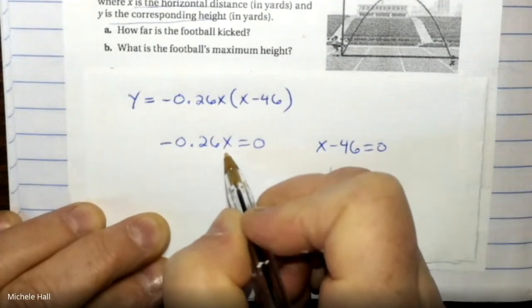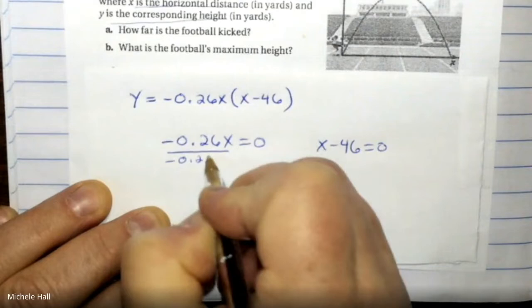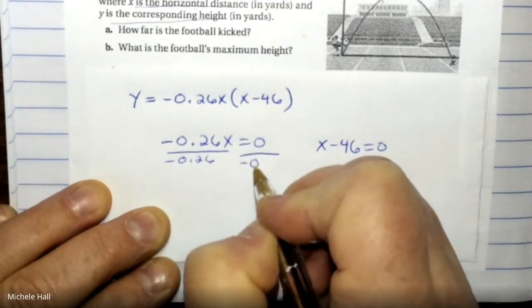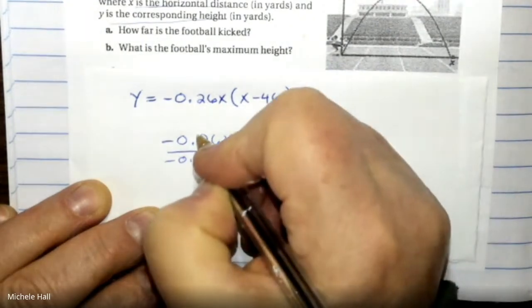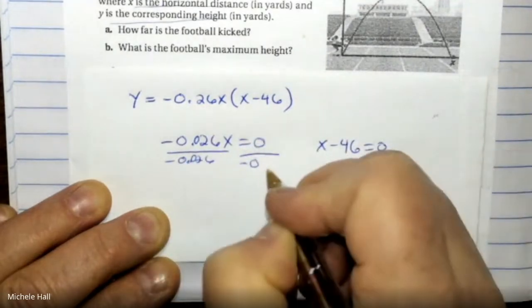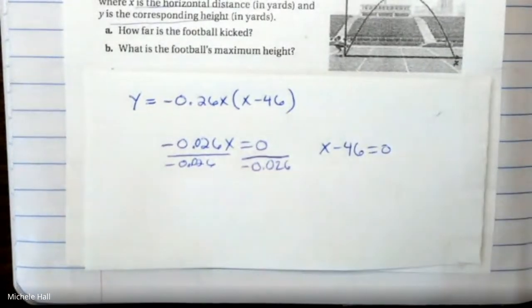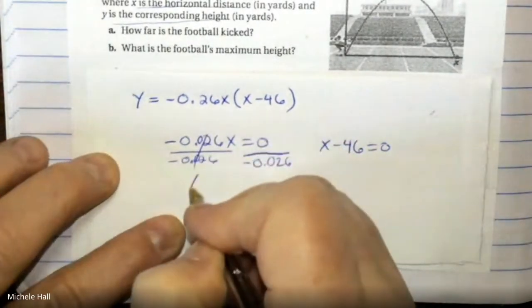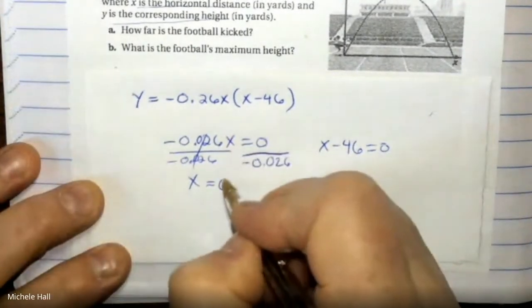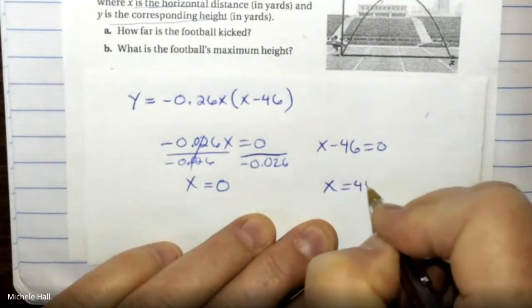Here, x is being multiplied by -0.026, so I'm going to divide both sides of the equation by -0.026. These would cancel, and I'm left with x equals 0, since 0 divided by any number is 0. When I add 46 to both sides here, I get x equals 46.